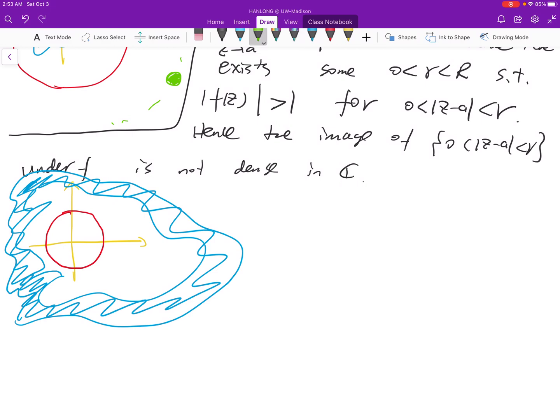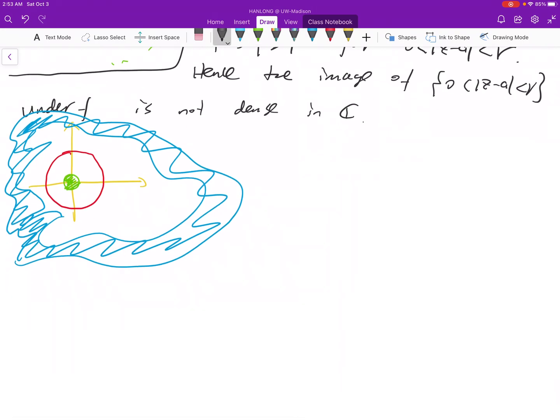Then if you take a point, for example at the origin, with a small ball, in this small ball there's no blue point.